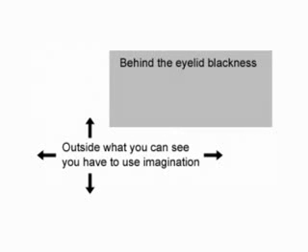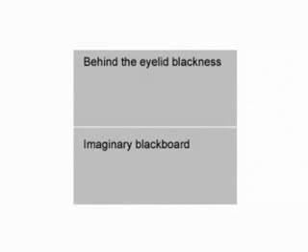When you close your eyes, you can see a fairly rectangular area of blackness. Outside that area, you can't see anything, but you can imagine there is something outside your field of view. It's the imagination part of your awareness that the imagery comes from, not the physical blackness that you can see. We can use a method to merge the visible blackness with your invisible imagination. We do that by imagining two blackboards.